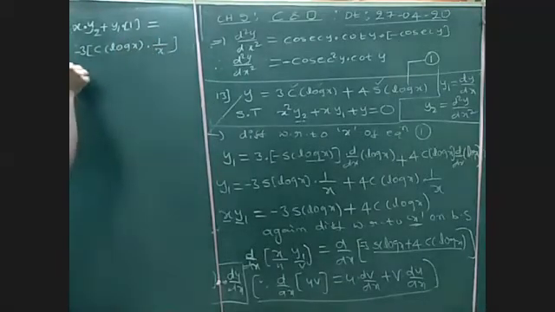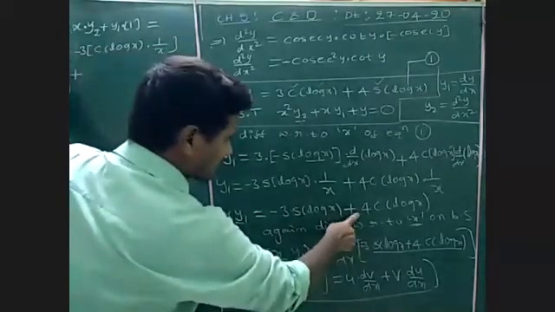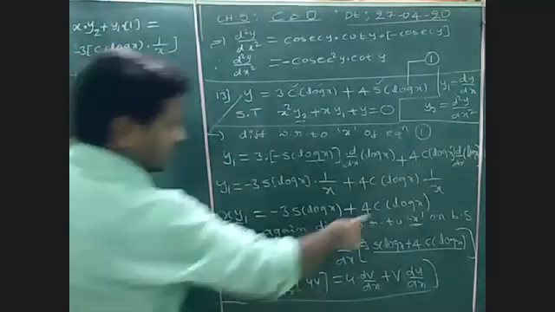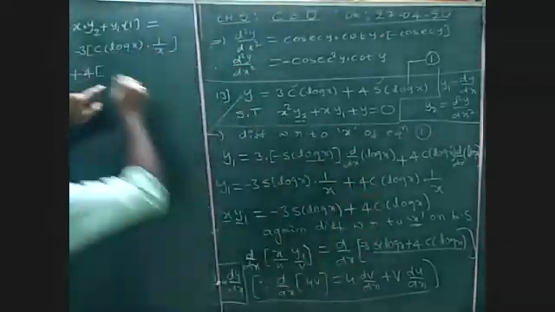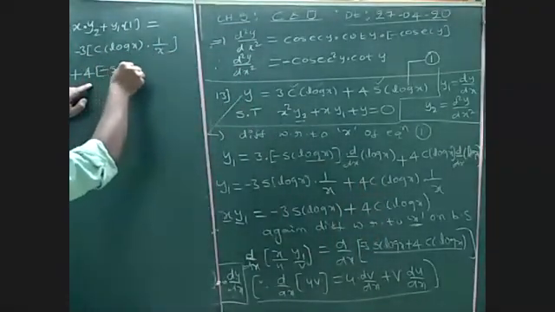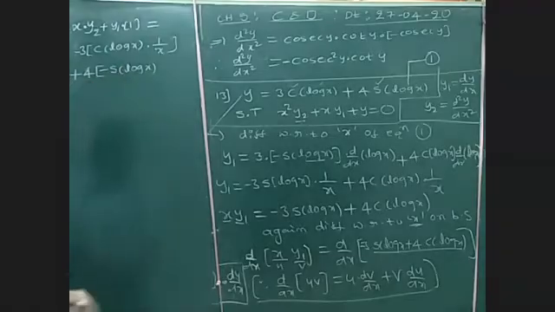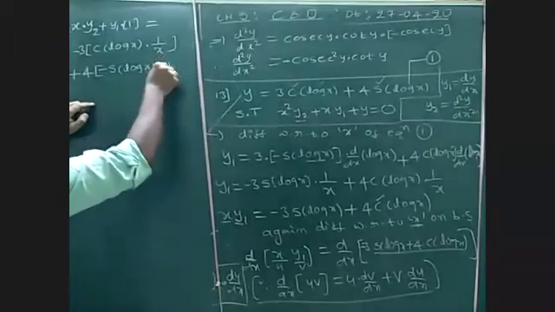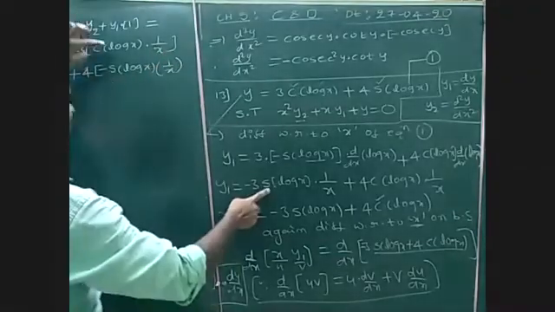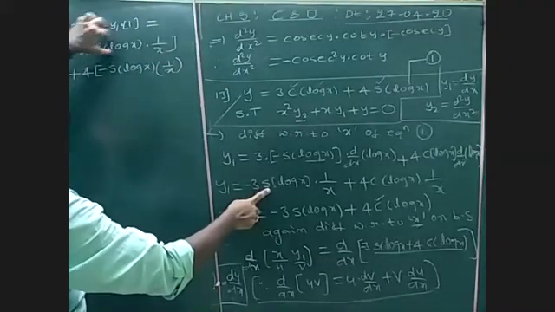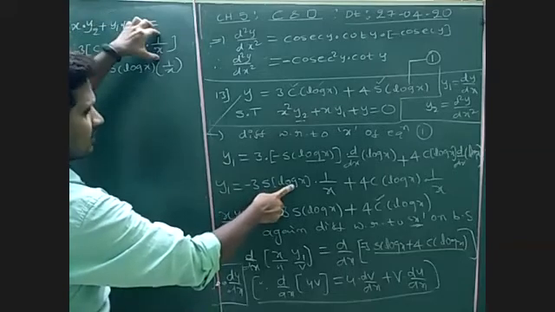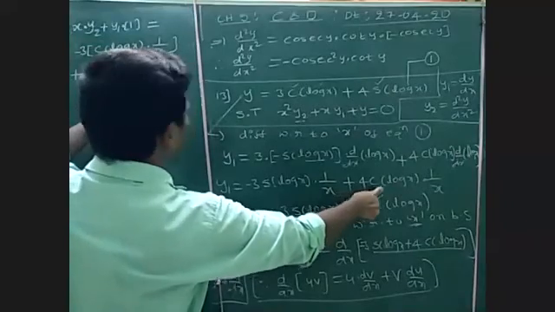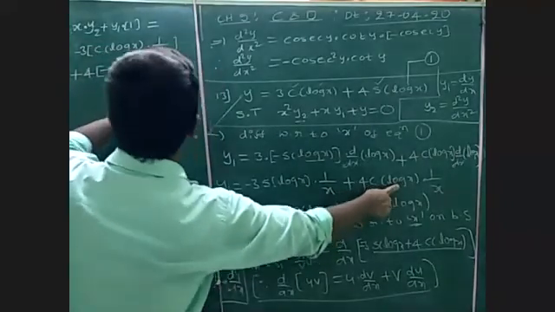Plus 4, what is the derivative of cos? Minus sin log x. Chain rule. Cos derivative completed. Next log x derivative is 1 by x. Is it clear? First sin derivative becomes cos of log x. Again log x derivative is 1 by x. Cos derivative is minus sin of log x. Then log x derivative is 1 by x.